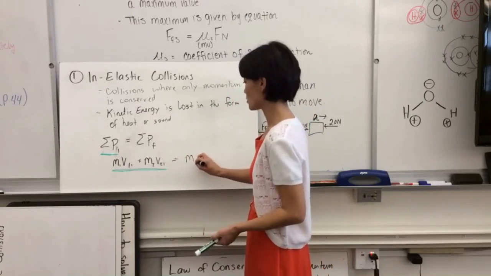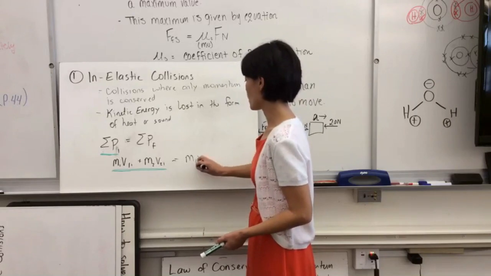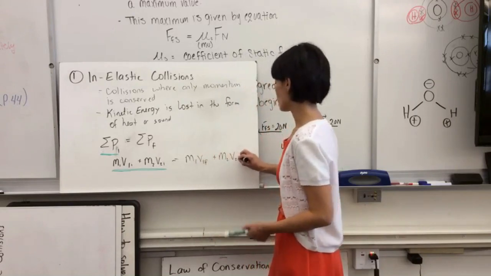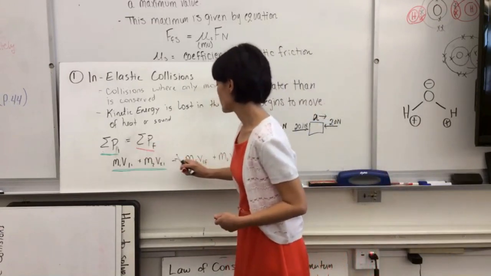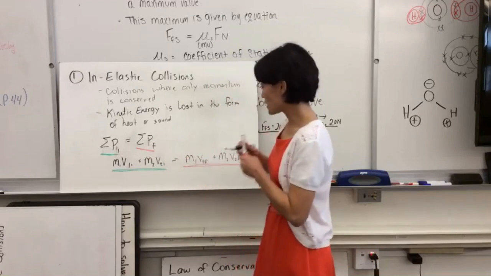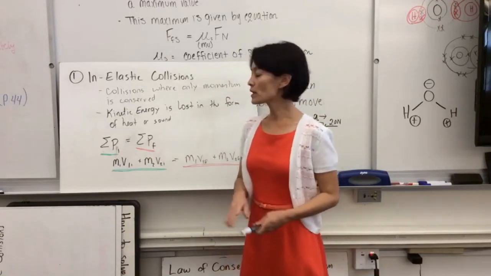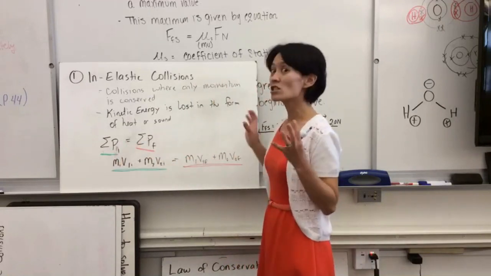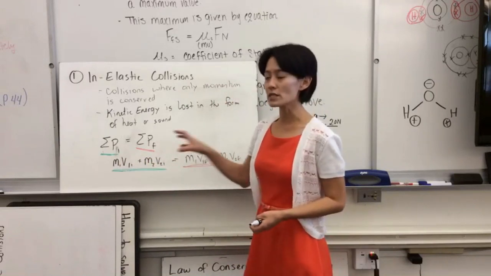So it would be M1 V1 final plus M2 V2 final, and that would be the sum of my final momentum. So this is the general format that we're going to see for conservation of momentum, where this is my initial momentum, this is my final momentum, and the sums should be equal. Individual momentums are not necessarily equal to each other, but the sums are equal to each other.